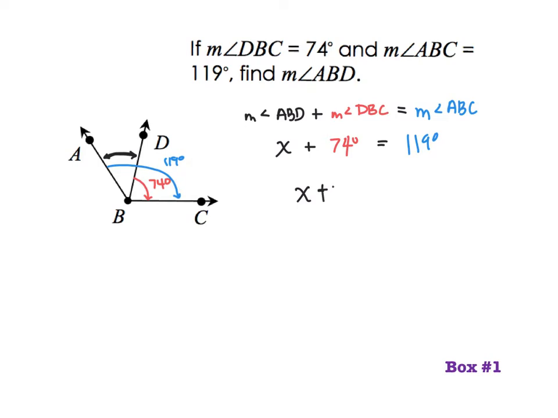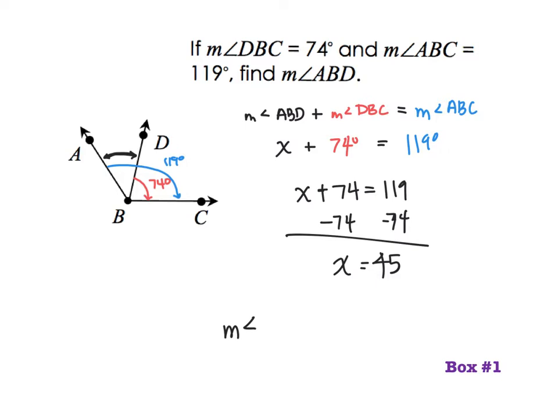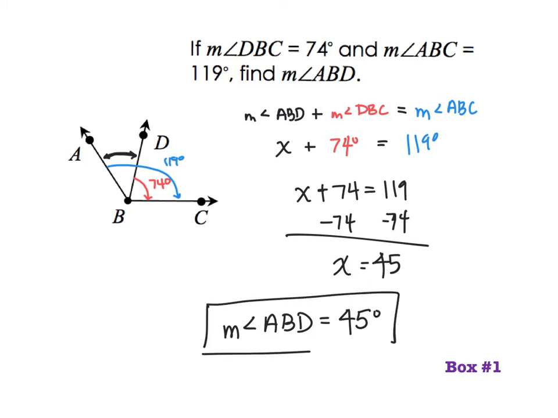X plus 74 equals 119. Take away 74 on both sides. This is just algebra. I end up with X is equal to 119 minus 74, which gives me 45. So the measurement of angle ABD is equal to 45 degrees. That's my answer. Some of you might be saying, this is easy. We'll see by the end what you think.